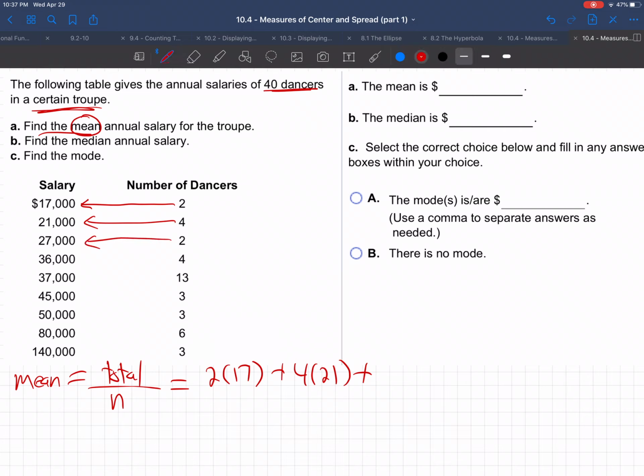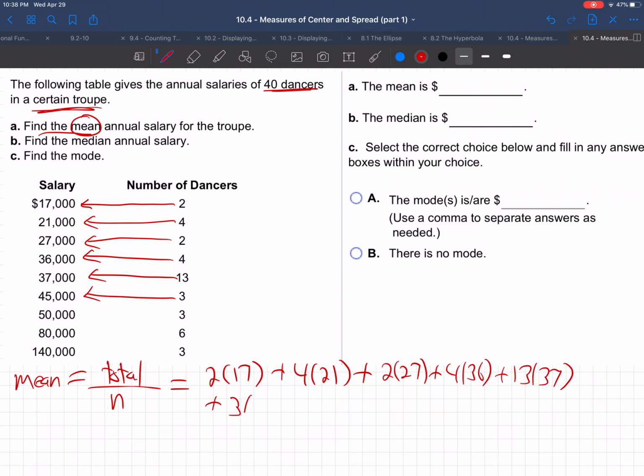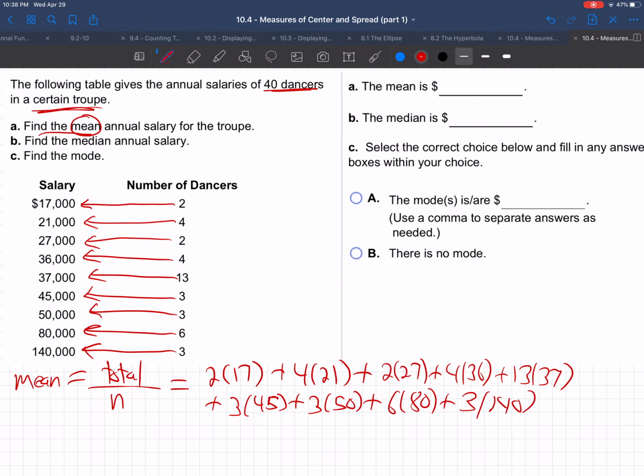Keep going. 2 27s, 4 36s, 13 37s, 3 45s, 3 50s, 6 80s, and 3 140s.